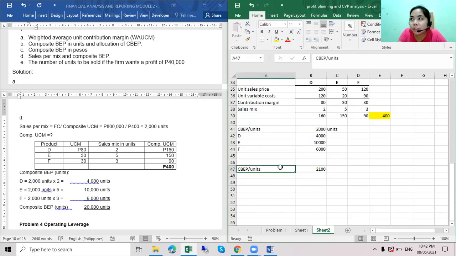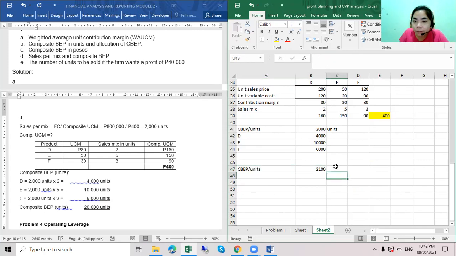Our formula for break-even point is your fixed cost divided by your contribution margin. I added 40,000 to the fixed cost because that is our desired profit. So how many units do we sell if we have a desired profit of 40,000? That is why I added the desired profit to fixed cost, divided by the CM of 400.